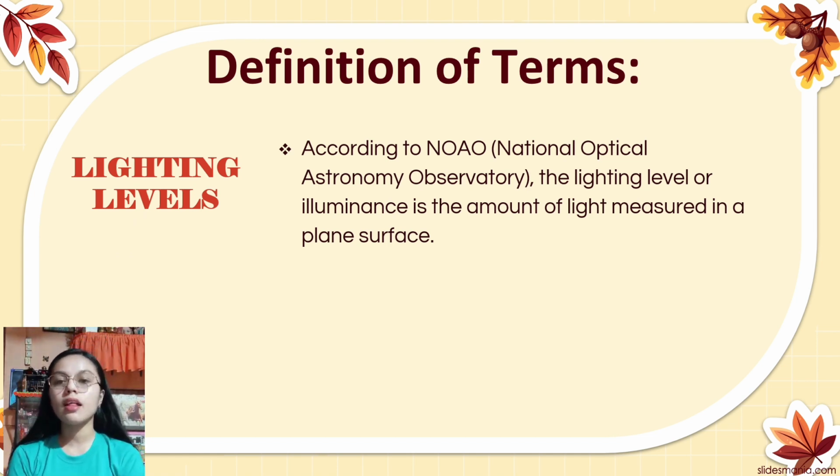Dili na po ni siya literal nga sa room ra. Napod tay mga task. For example, when we are reading, we need a higher required lighting level because kung taas-taas ang atong lighting level, that means malas ang hago sa atong mata ug dili pod ma-strain ang atong mga mata.